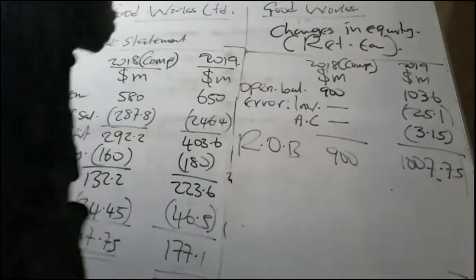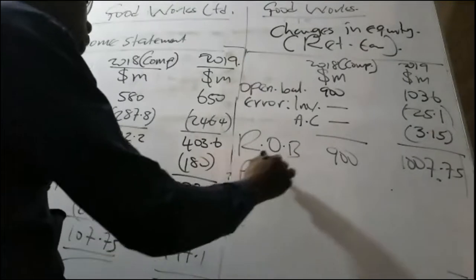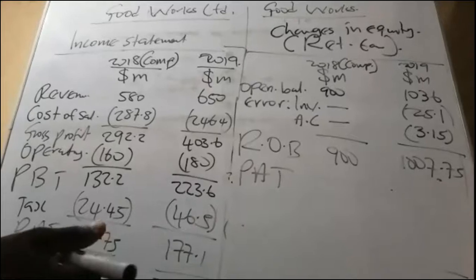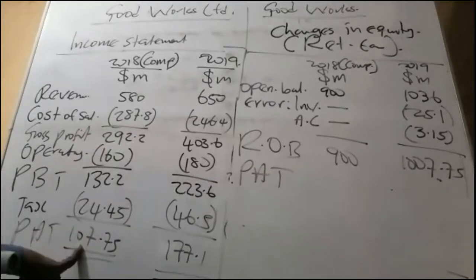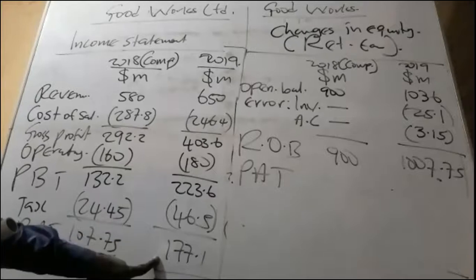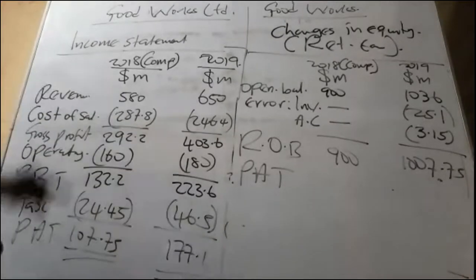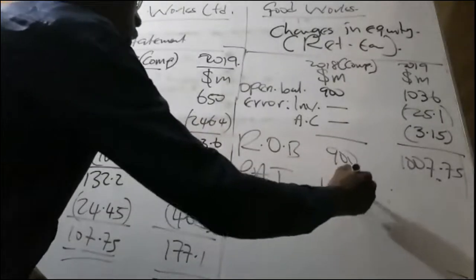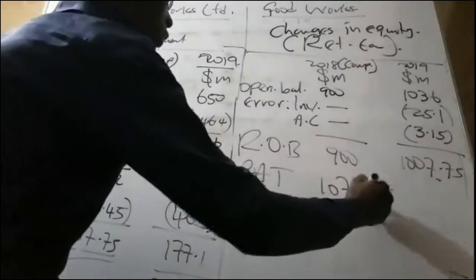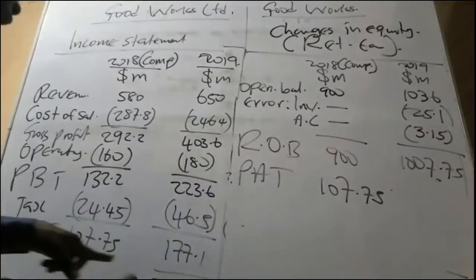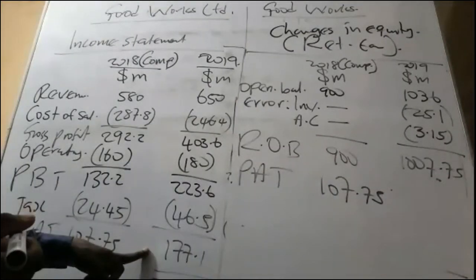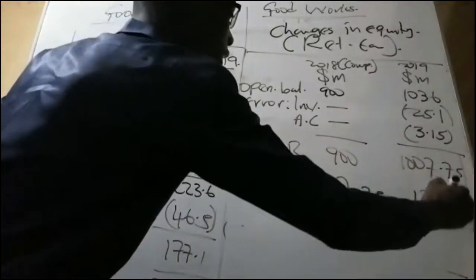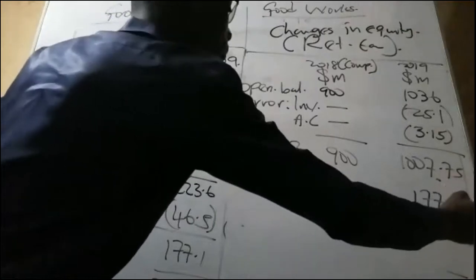1007.75. Then add the correct profit after tax to it. The correct profit after tax is here. 2018 is what? 10.75. 2019 is what? 177.1.